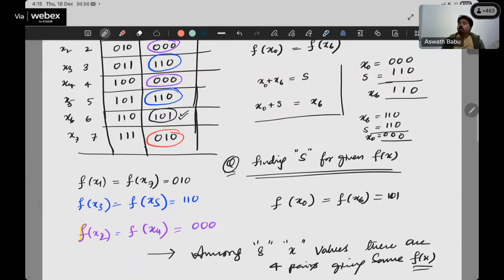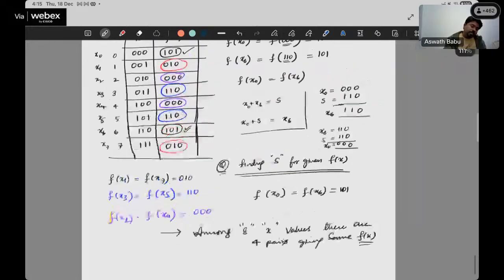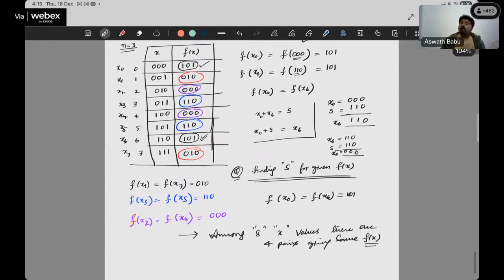Okay, right? So classically, what you can do is just look at the list and find out which two are giving the same functional values.